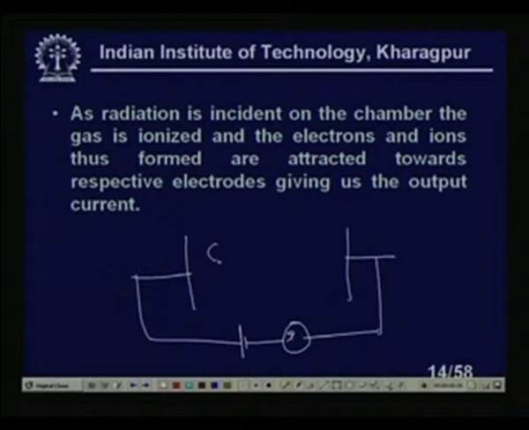The positive ions will move in this direction, the negative ions in that direction, resulting in some current which will be detected by the ammeter. How much current I get is proportional to the ionization. The more the gas is ionized, the more current I get, and the gas will be more ionized if more particles fall on the chamber. Clear?